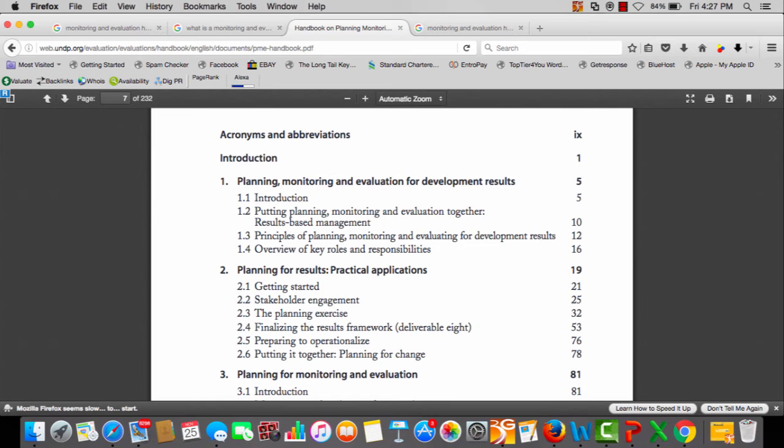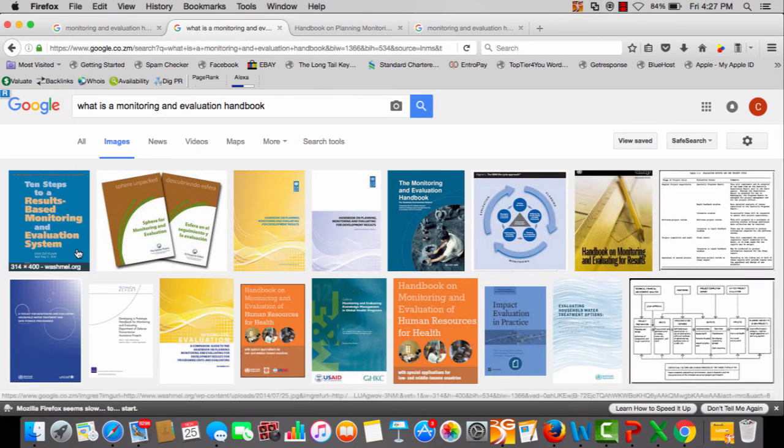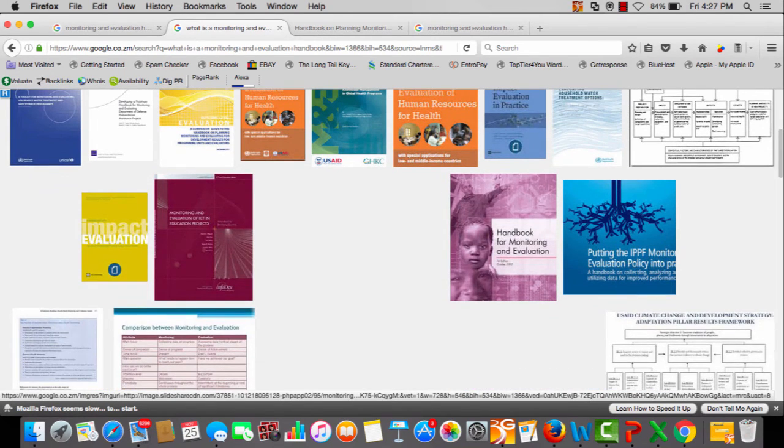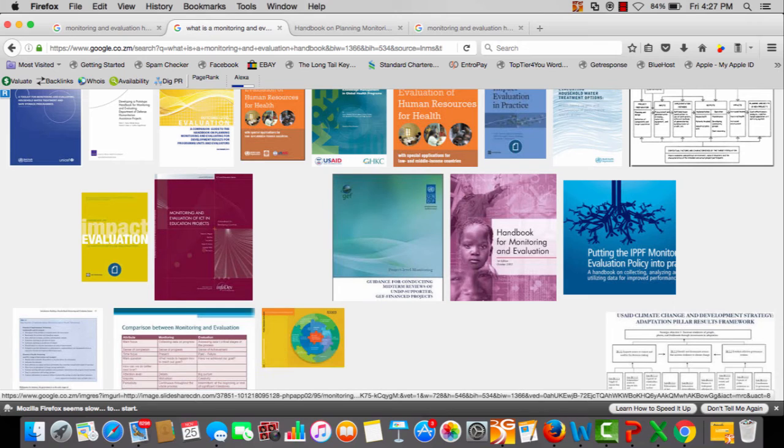Of course, one person can facilitate the process, but really, developing a handbook requires a team of individuals. If you notice here, there are so many different handbooks. There's one by the USAID, this one here. You have to appreciate that people are always looking for the best ways to capture data and improve monitoring and evaluation.